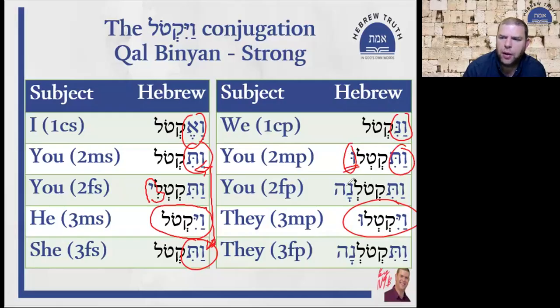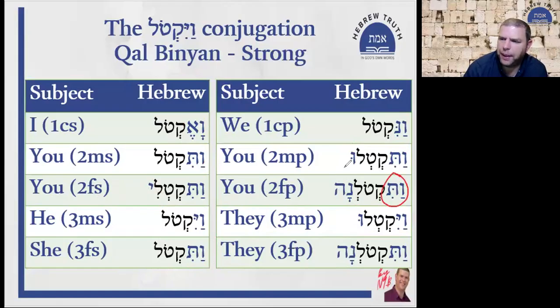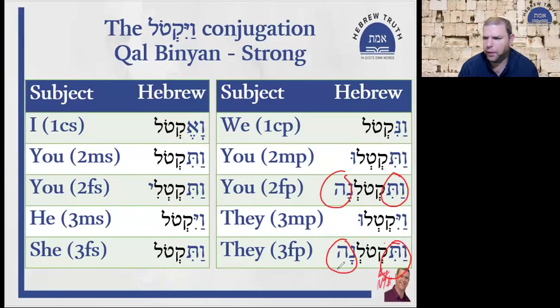Note the U at the end, which often marks the masculine plural, as you can see in the third masculine plural and second masculine plural, and also in the third common plural of the katal: katelu, shameru, achelu, barechu, etc. Tav at the beginning, na at the end, both second and third person feminine singular. Okay, so that's the basic morphology, prefixes and suffixes of the Wayyiqtol.